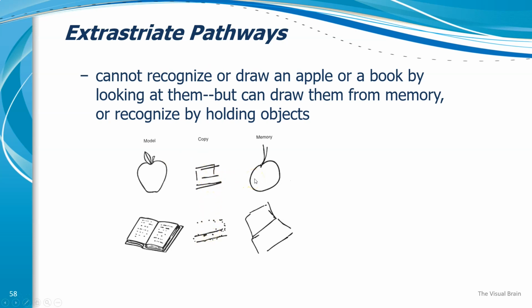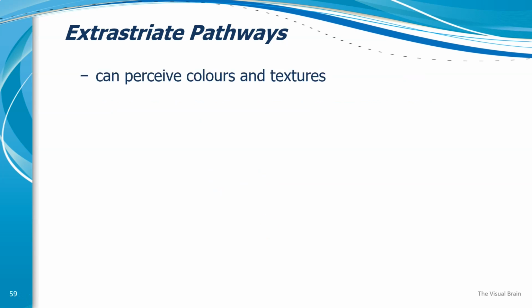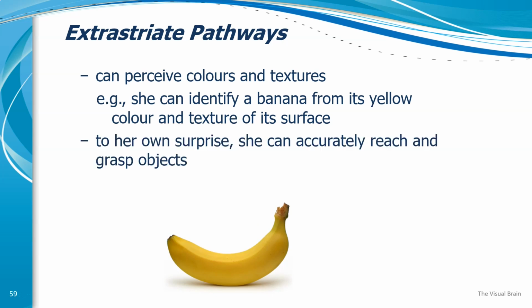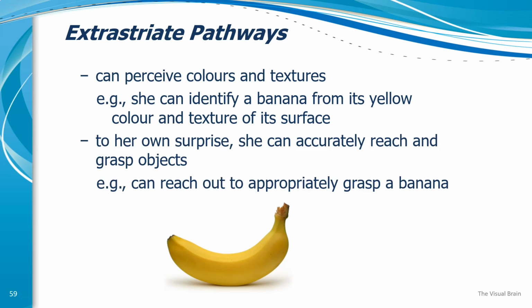Now, she can draw them from memory and do a fairly good job, or just by holding the object in her hand. What can she do? She can perceive colors and textures. So, for example, she can tell that she's looking at a banana because it has a certain yellow color and a certain texture to its surface. She surprises herself by being able to reach out and grasp objects, so she could reach out and grasp the banana.